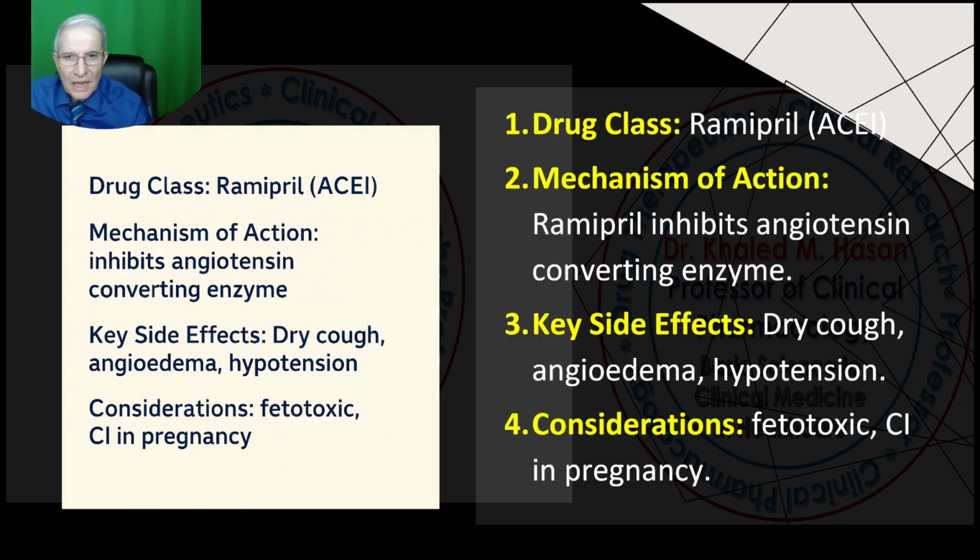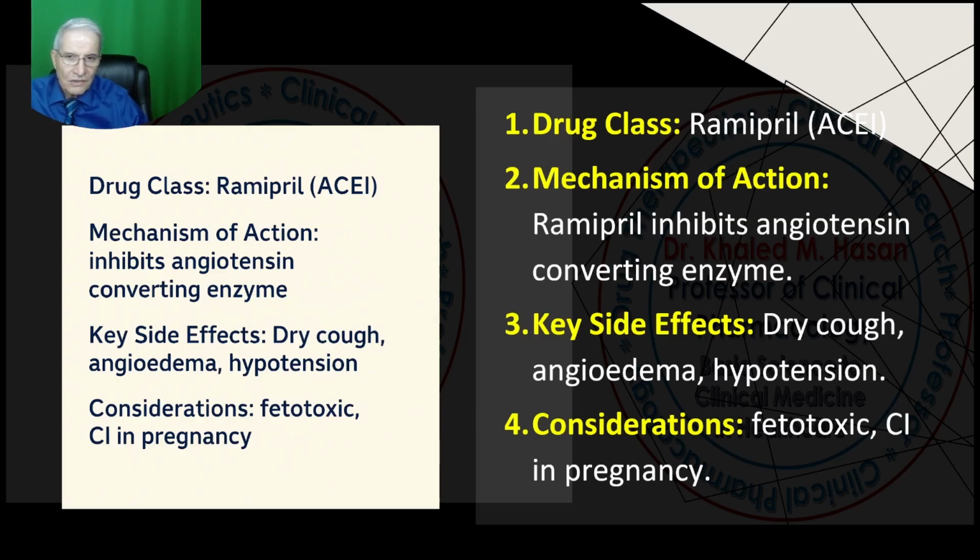Here is an example for ramipril. As a drug class category, ramipril belongs to the ACE inhibitors, angiotensin converting enzyme. How does this medication work? We need to explain it simply. Ramipril inhibits angiotensin converting enzyme, as you can see here.